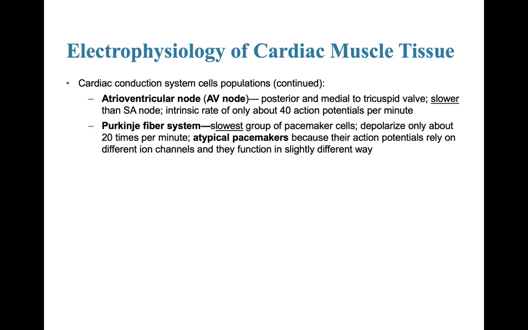You then have the atrioventricular node. This is posterior and medial to the tricuspid valve. It is a bit slower than the SA node, with an intrinsic rate of only about 40 action potentials per minute. This is sort of a backup system. If your atria don't actually contract, that's not necessarily the end of the world, because 80% of blood still moves passively through.